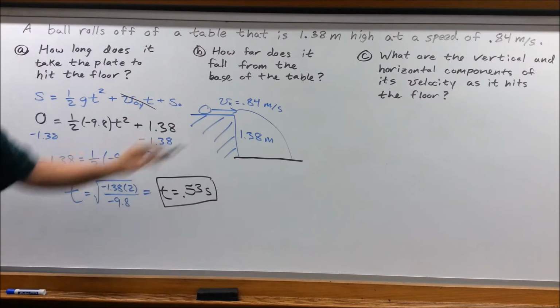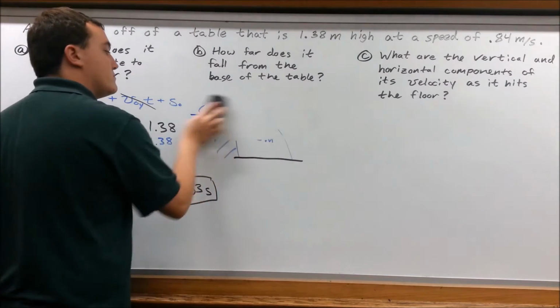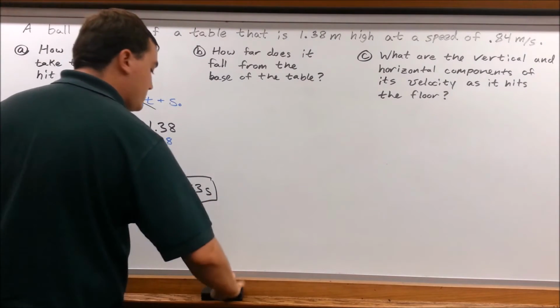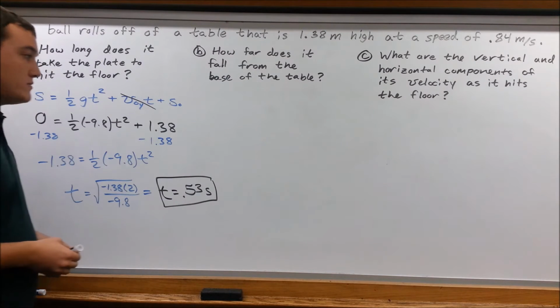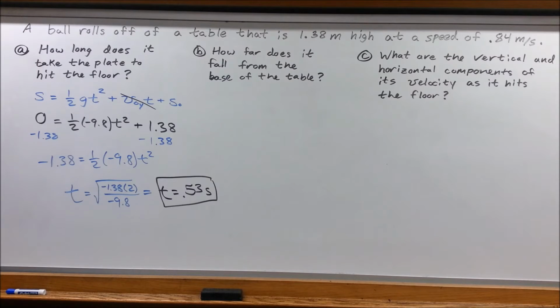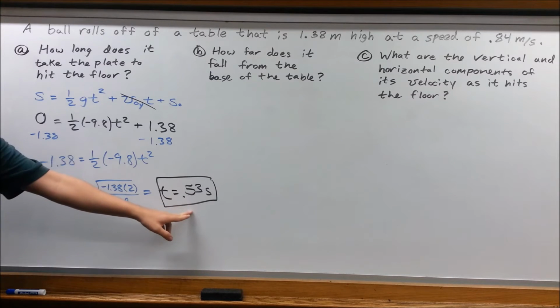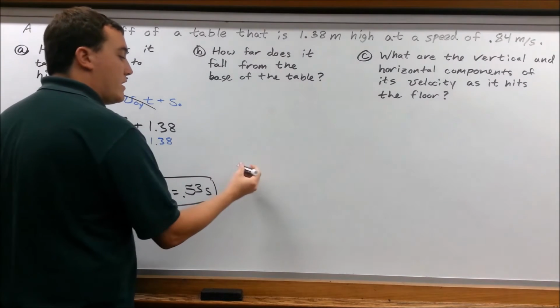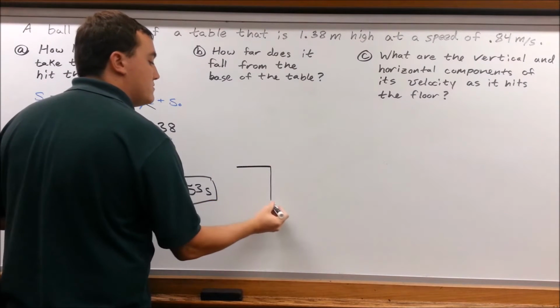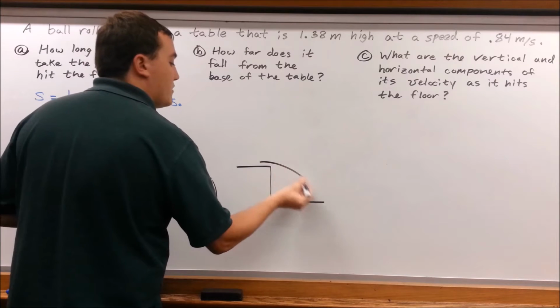Alright, erasing our picture. How far does it fall from the base of the table? Alright, well we know it takes 0.53 seconds for it to hit the ground. We just want to know how far from the base of the table did the ball fall.